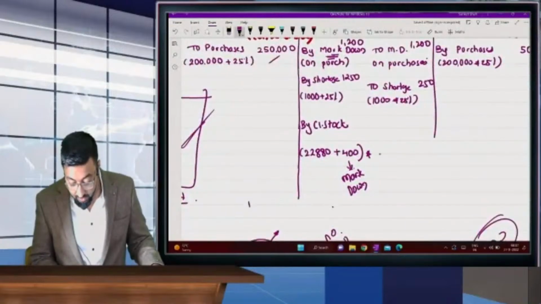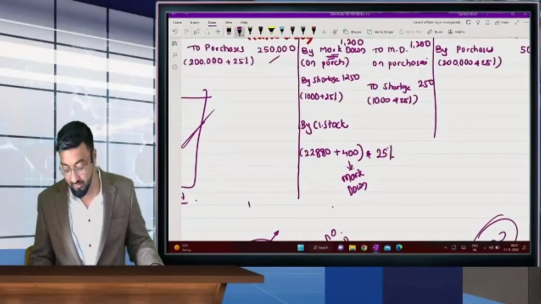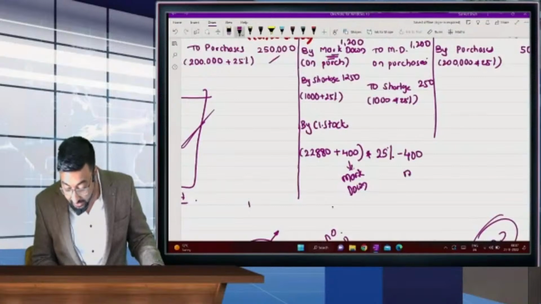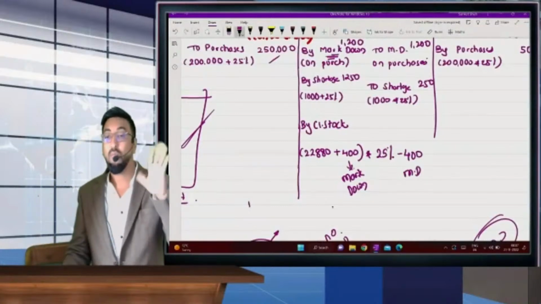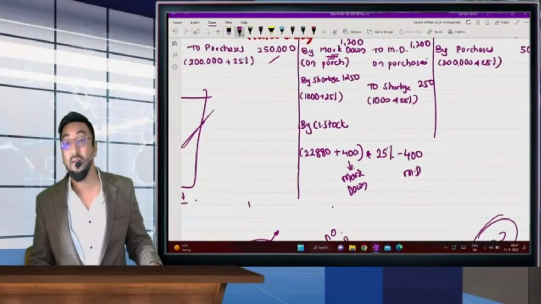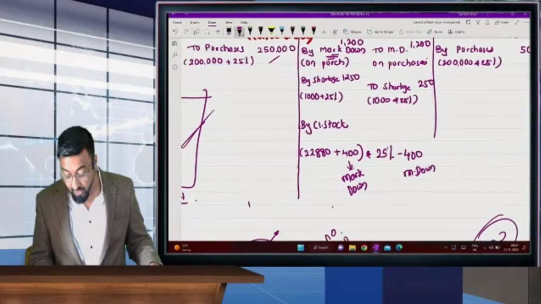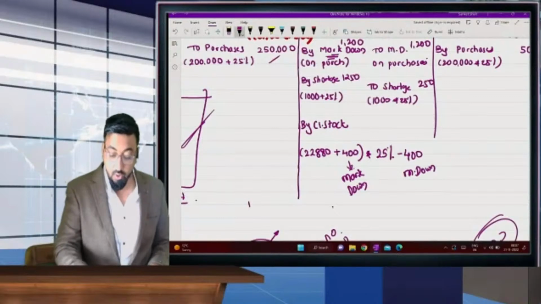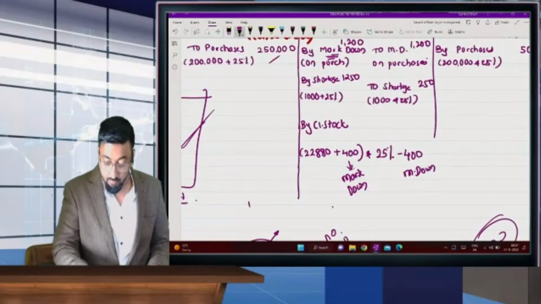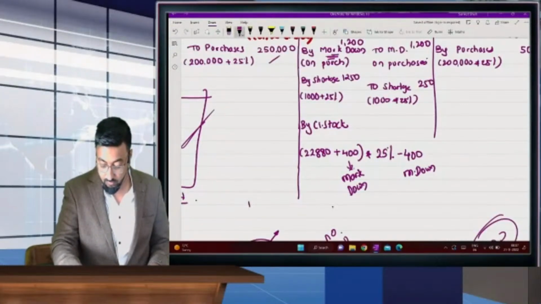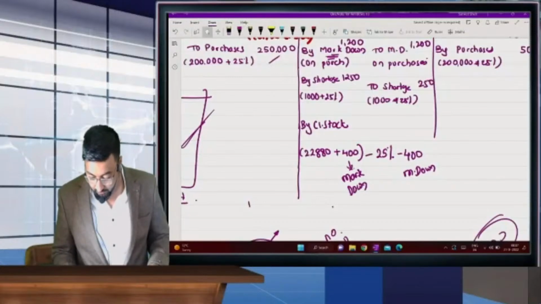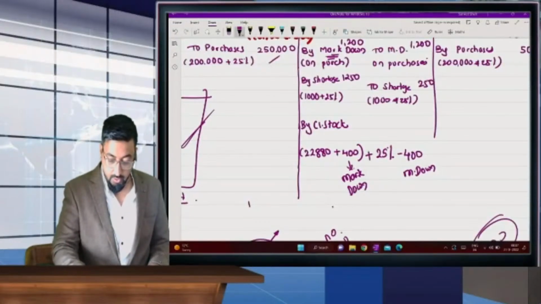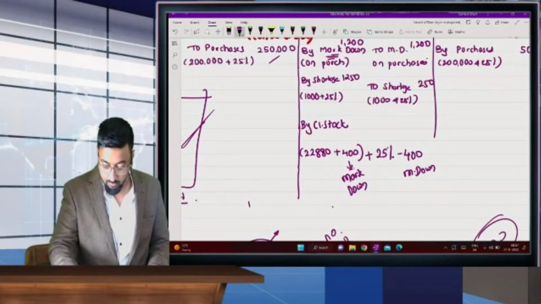Then I will calculate 25% and then I will deduct again markdown. Without markdown, I cannot calculate closing stock. Now, this is very, very important. 22,880 plus 400 plus 25% minus 400.